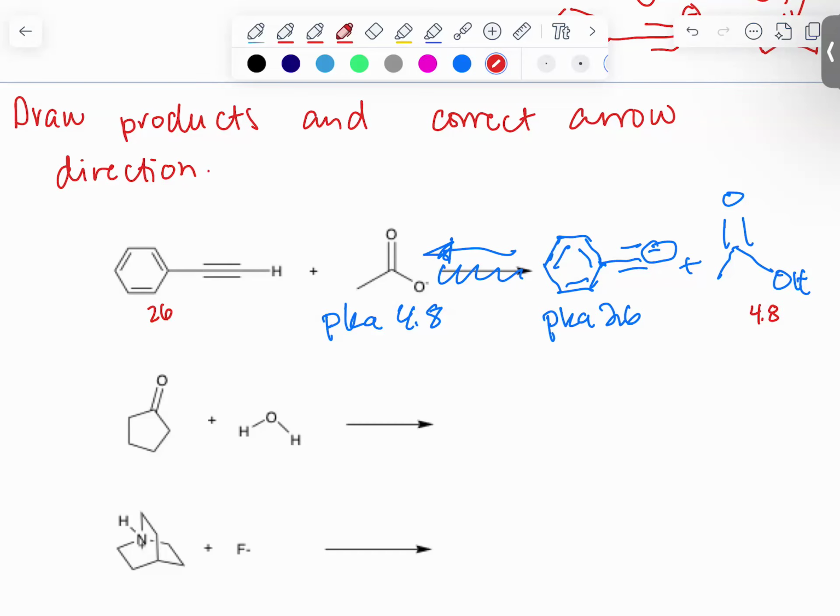It is acting as an acid if we were going in that direction.